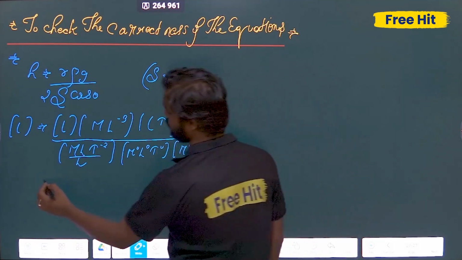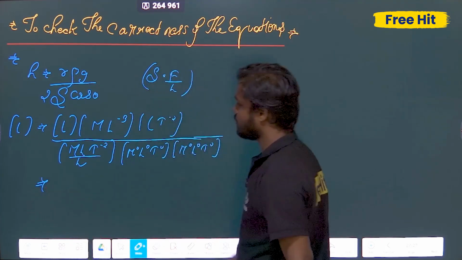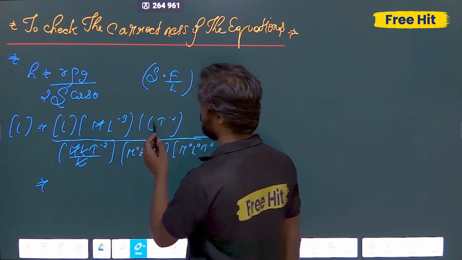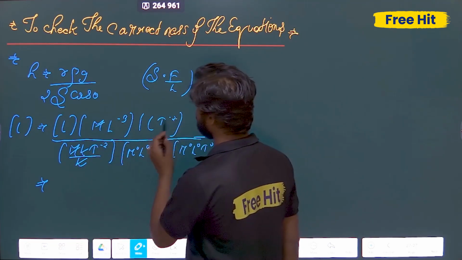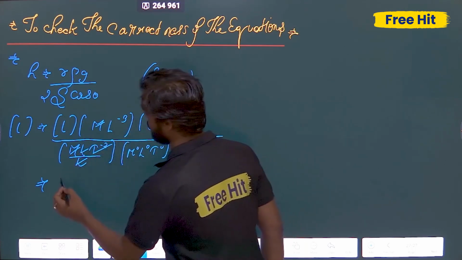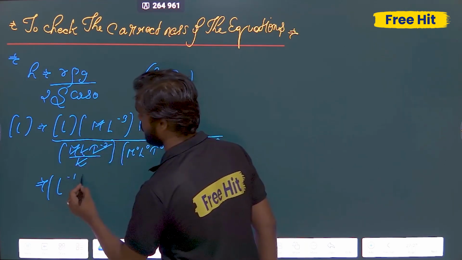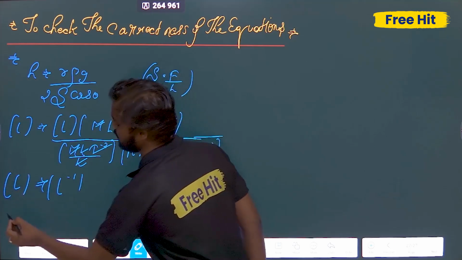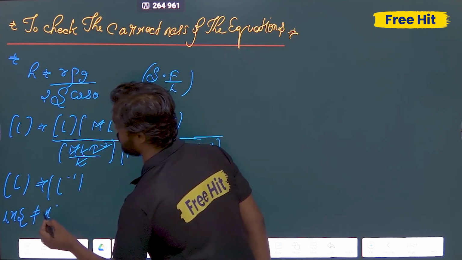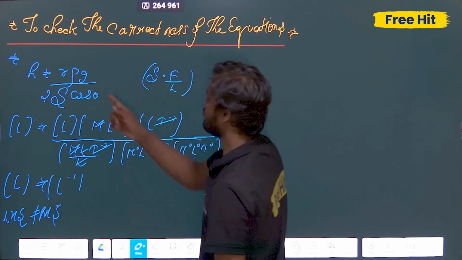If you work it out, what do you get? L will cancel out, M will cancel out, and the T minus 2 and T minus 2 will cancel out. Everything cancels out and you get L minus 1 on one side, and this side is L. So you can say my LHS is not equal to RHS. That means this formula is wrong.